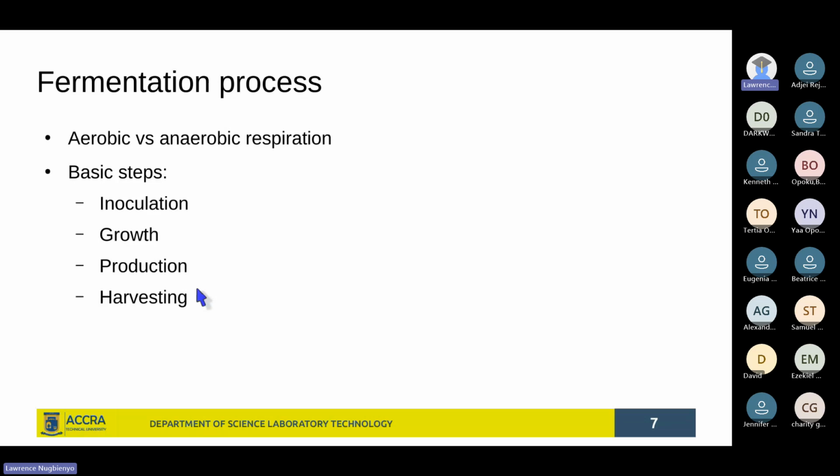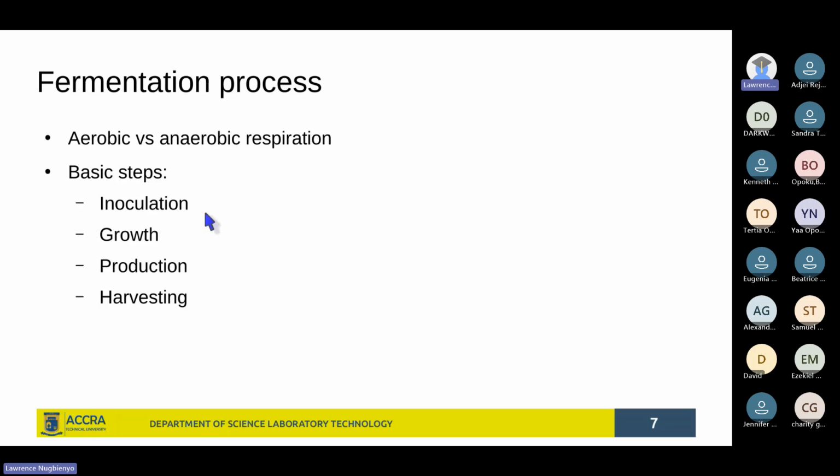If you know the growth pattern of a particular microorganism, then you know in which amount of time the microorganism would have reached its stage where it can produce the product that you are looking for.